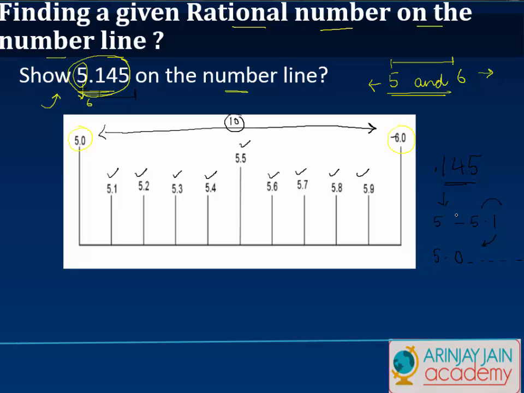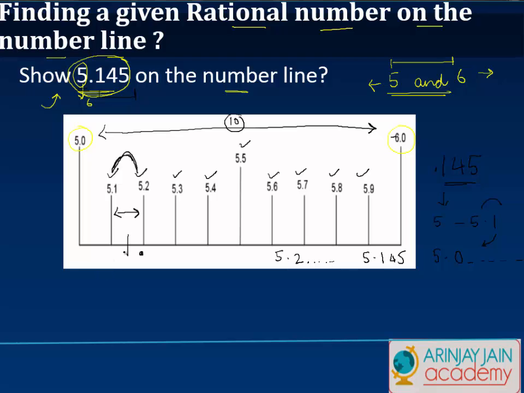So it has to lie after 5.1, but it can also not be after 5.2. The reason is that any number which lies after 5.2 is going to be something like 5.2 and then some other digits, but we have 5.1 four 5. So the number therefore necessarily has to lie between these two numbers, 5.1 and 5.2.